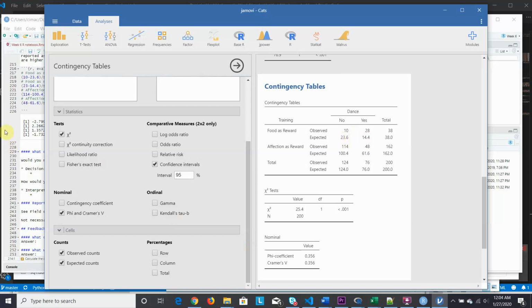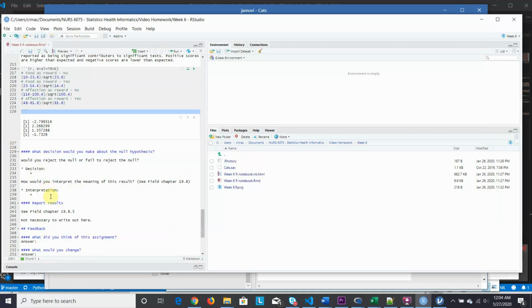That is going to be our interpretation, and those standardized residuals help us figure out what was going on. So there does seem to be a relationship between what type of training to use and whether or not cats dance. Reporting results, Field gives a nice example in his chapter 19.8.5. We're not going to write that out right here, but should you need to do a test, then follow his pattern of how he reports that result.